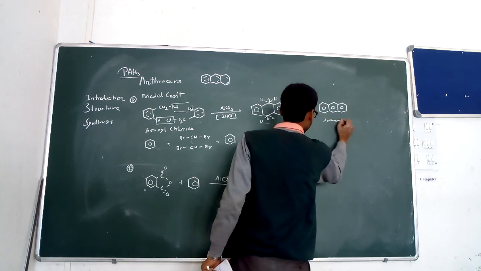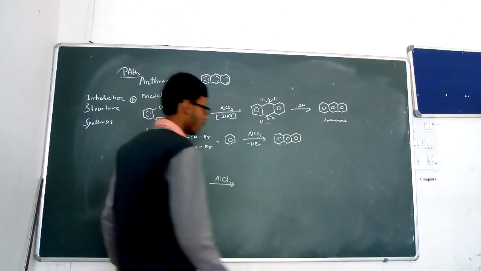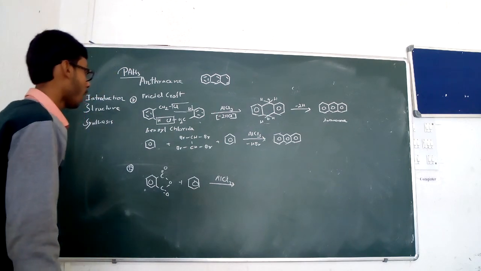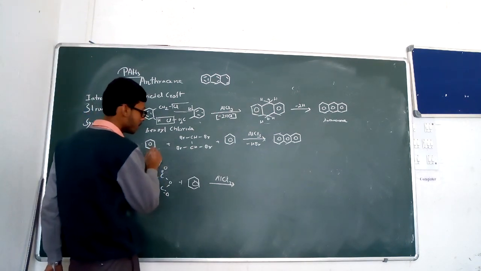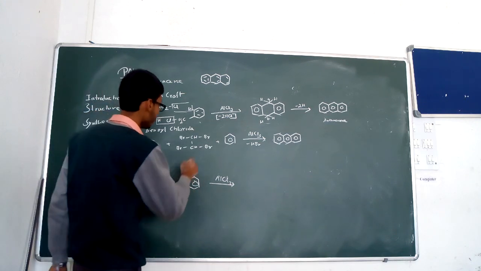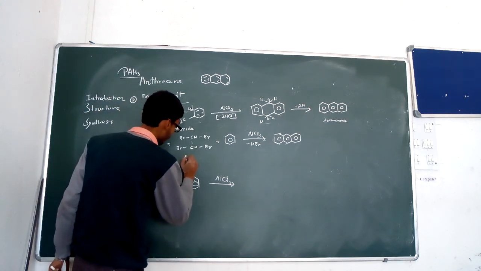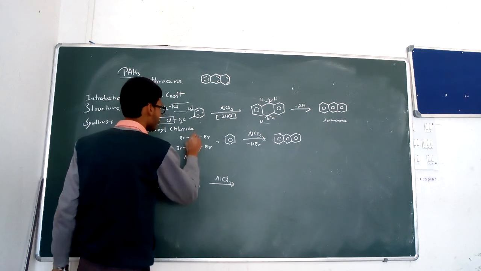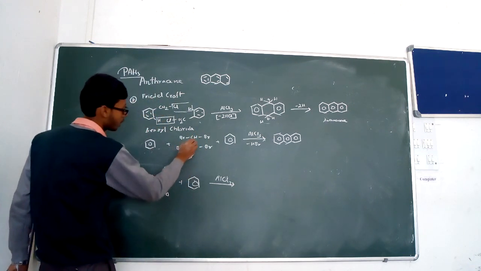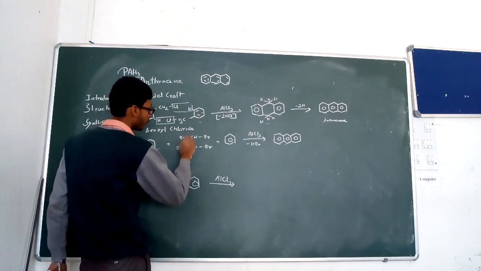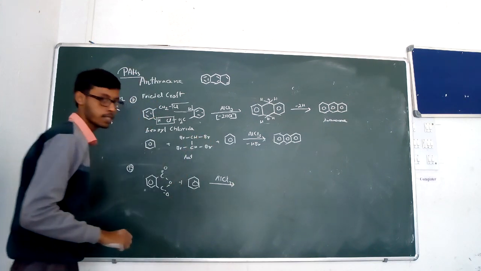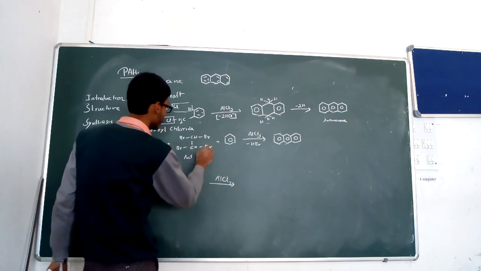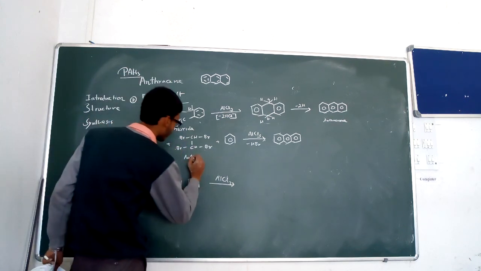There is another Friedel-Crafts reaction carried out in the presence of aluminium chloride, where the starting material is benzene and acetylene tetrabromide. That is acetylene CH triple bond CH, where the bond is formed by the addition of bromine. So that is 1, 2, 3, 4 tetrabromide.